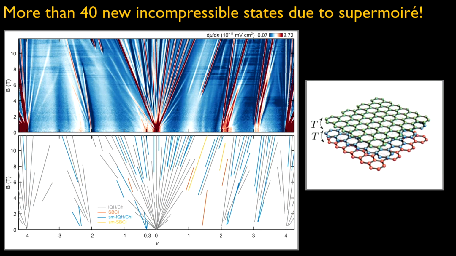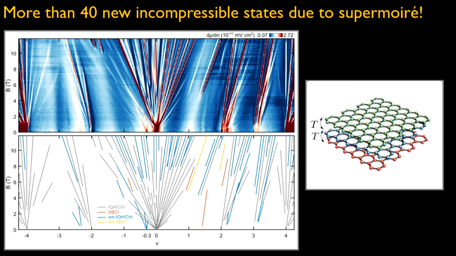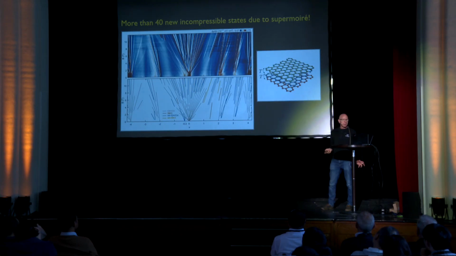The second topic that I mentioned that is very different from the twisted bilayer graphene is that of these replicas that you see here. One replica, a replica, a replica, and a replica. If you go all the way to high magnetic fields, we see that this spectrum actually consists of more than 40 new levels that are not present in the twisted bilayer graphene.